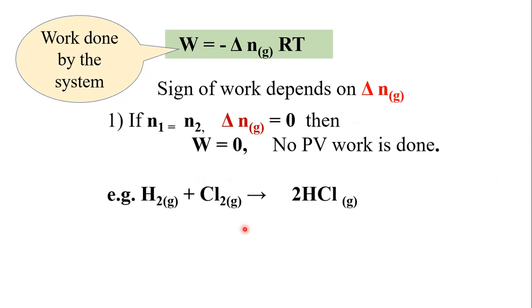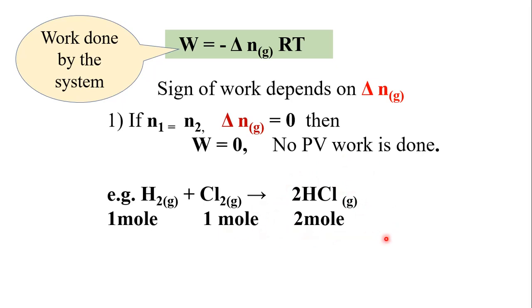But for example, see this reaction. 1 mole of hydrogen gas reacts with 1 mole of chlorine gas and produces 2 moles of HCl gas. Then the total number of moles of gaseous reactant is 2, that is 1 plus 1, and the total number of moles of gaseous product is 2.